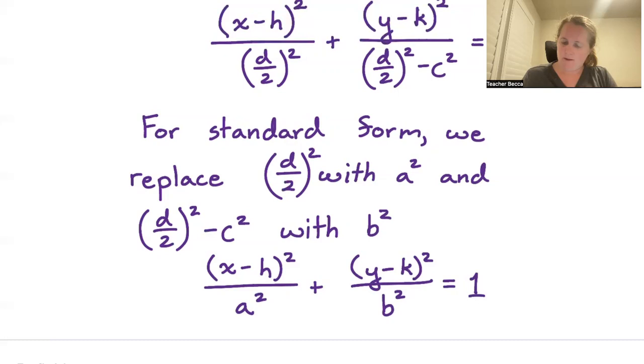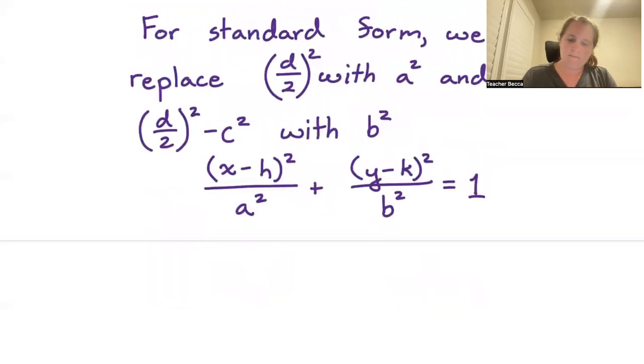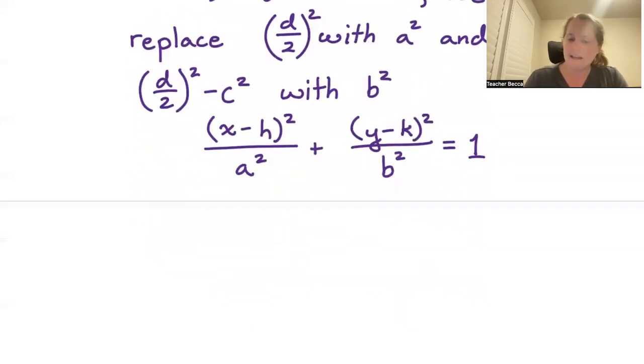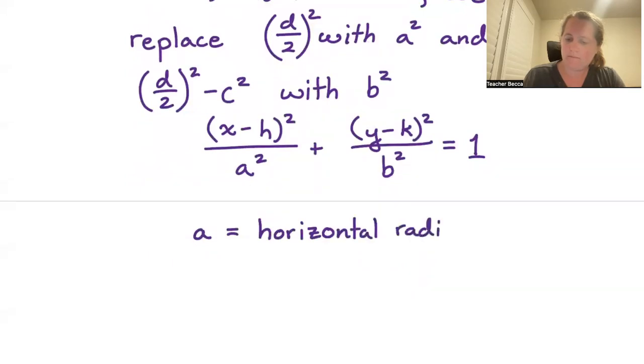Turns out that a is the horizontal radius. b is the vertical radius.